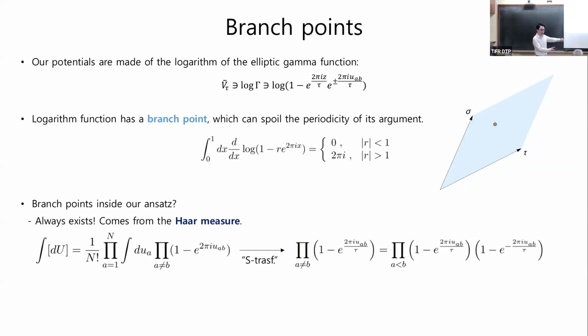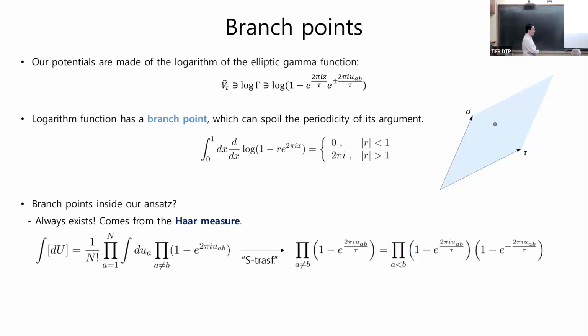This is not periodic. You will have 2 pi length, right? So this will make our statement wrong. And this really does happen, because you can easily confirm that in our integrand, you will have the R measure, and this term always gives you a branch point inside our parallelogram saddle point, which means that our naive guess is wrong.